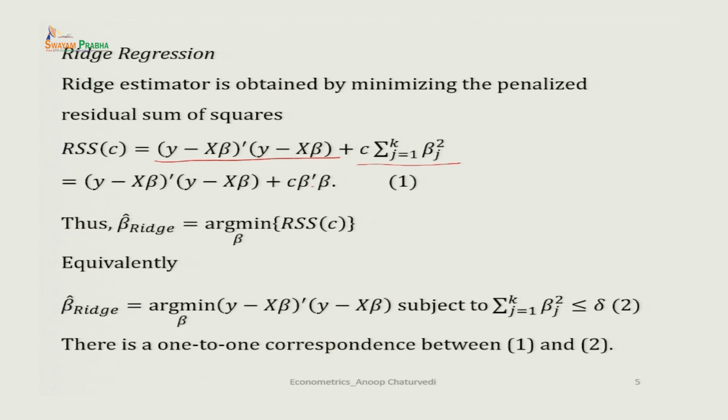Actually, this is equivalent to minimizing (y minus x beta) transpose (y minus x beta), subject to the restriction that summation j equal to 1 to k of beta j square is less than or equal to some constant delta. These two optimization problems are equivalent; there is a one-to-one correspondence between them.